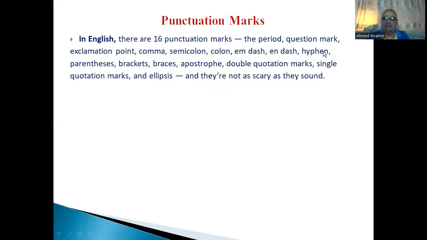The period, question mark, exclamation point, comma, semicolon, colon, dash, hyphen, parentheses, brackets, braces, apostrophe, double quotation marks, single quotation marks, and ellipses, and they are not as scary as they sound.